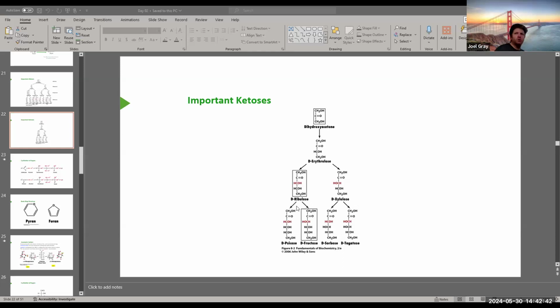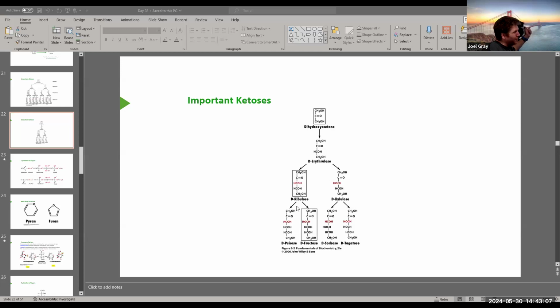Okay, so when you see something like glycolysis, I want you to think about, well, where have we seen some of these sugars? Glucose, cyclic glucose. If I gave you this molecule, this structure, how would you classify that with more detail? Well, let's look at our anomeric carbon. Actually, let's go back a little bit. This is a 6-carbon sugar, so it's an aldose.